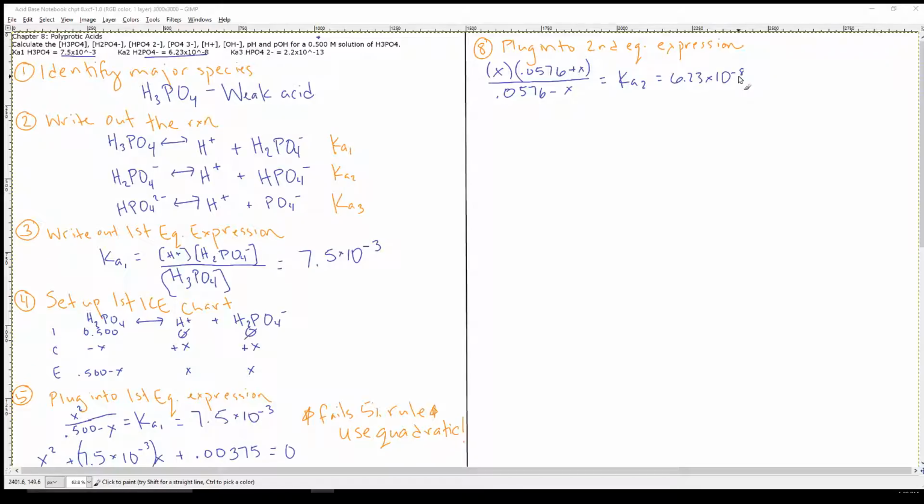All right, let's try assuming x is small. If I do that, I can get rid of the x's being added and subtracted, and I'll end up with something much easier to solve.